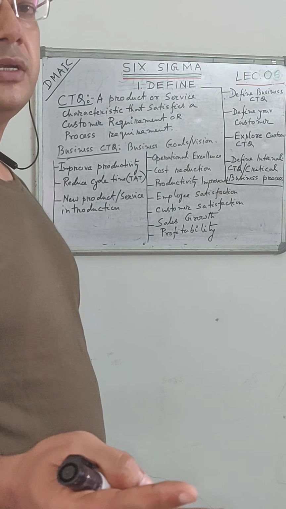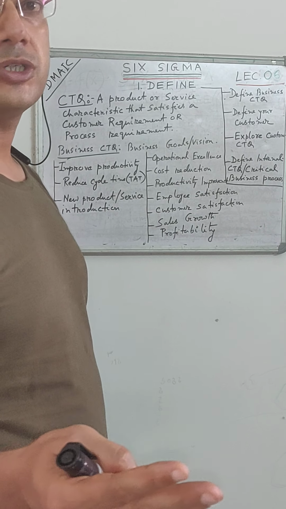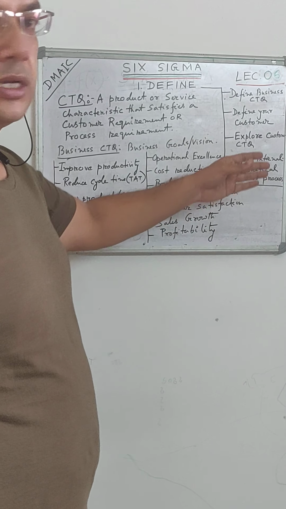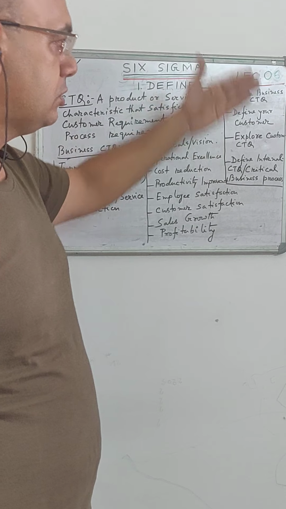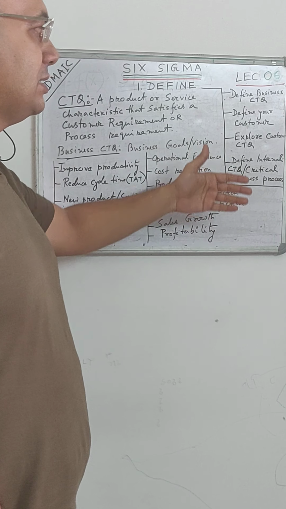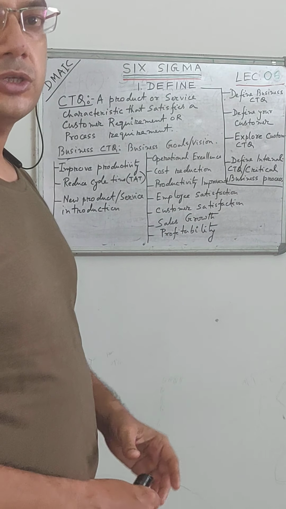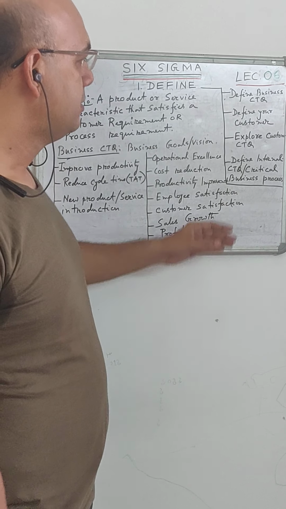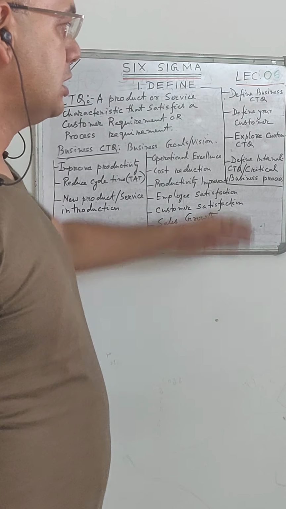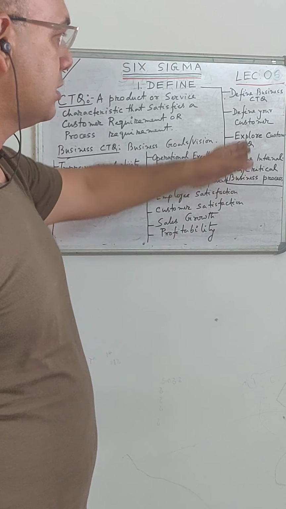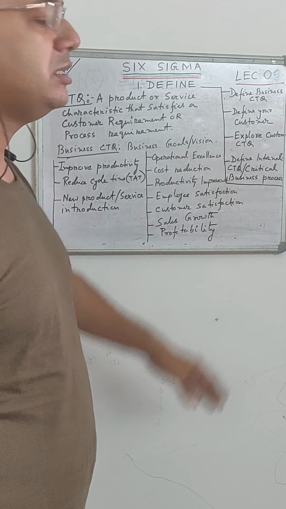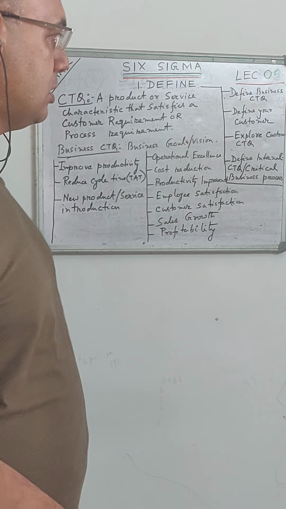So that subsequent department is our customer. So it may be internal customer or external customer. So we need to define who is our customer before finalizing the project. Okay. Then after defining the customer, we need to explore this CTQ from internal customer or external customer.